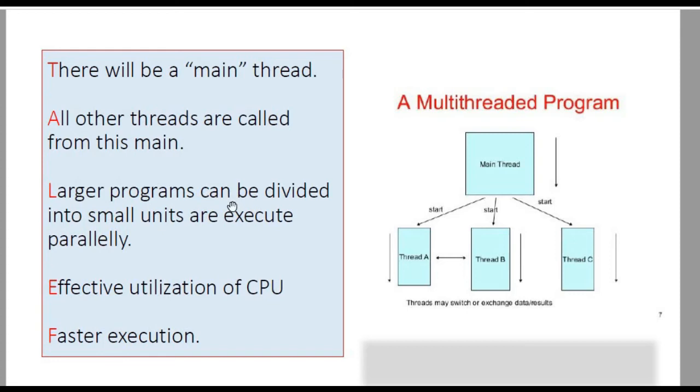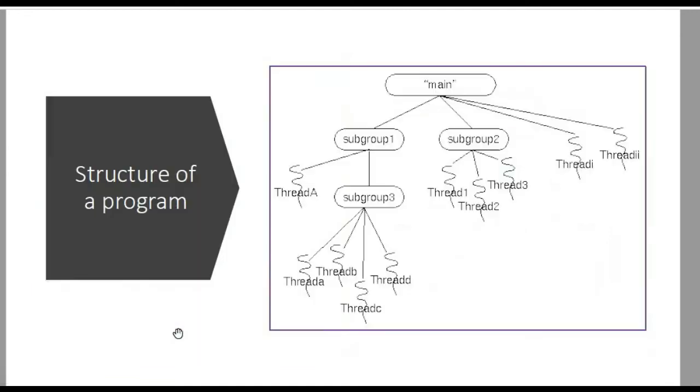The larger program can be divided into small units that are executed parallelly. That results in effective utilization of the CPU and faster execution of the program. This is a simple structure of a multi-threaded program. We have a main thread that is grouped into different groups: subgroup 1, subgroup 2, subgroup 3, etc. Each subgroup can be further divided into different threads: thread 1, thread 2, thread 3, thread 4, thread 5, something like that.